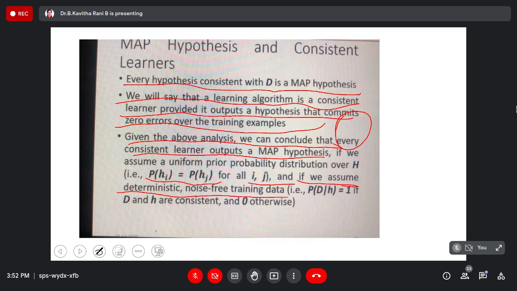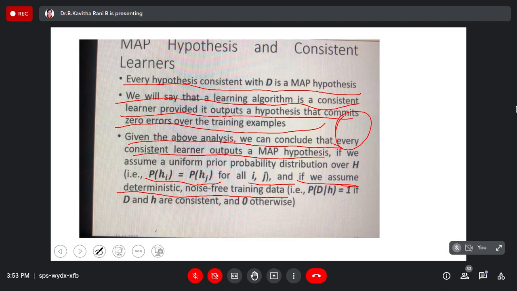Deterministic means the data is not random, it is static, and we don't have any noise in that particular data.